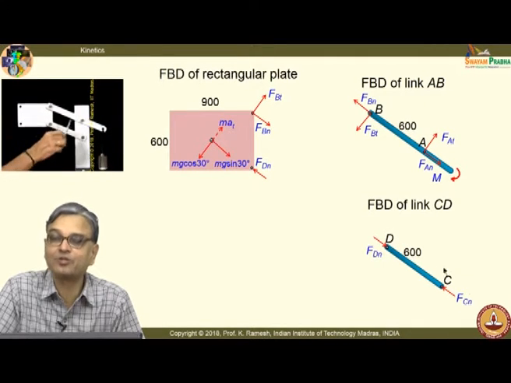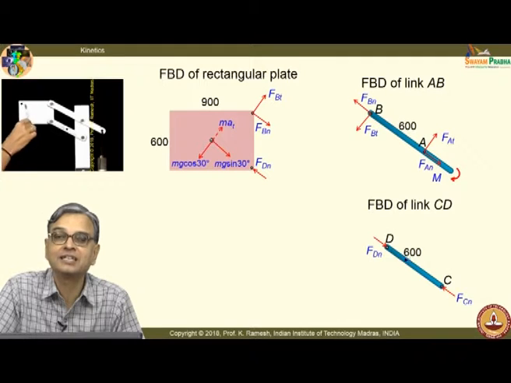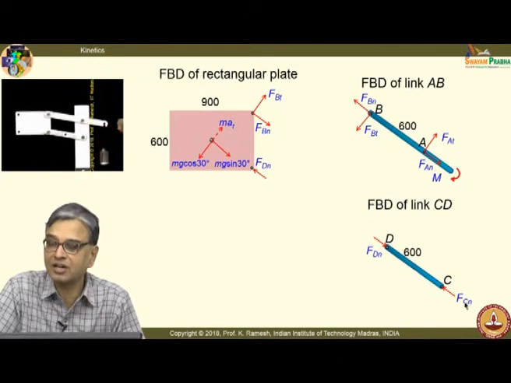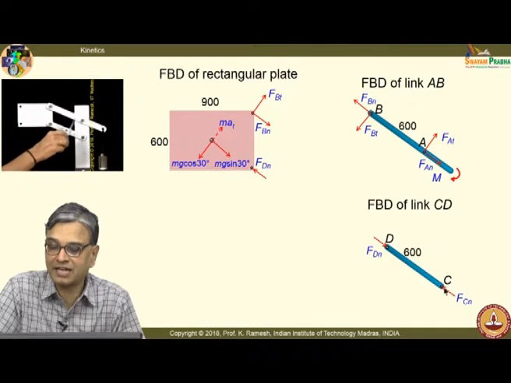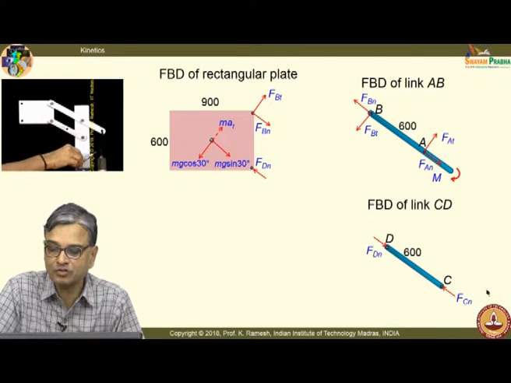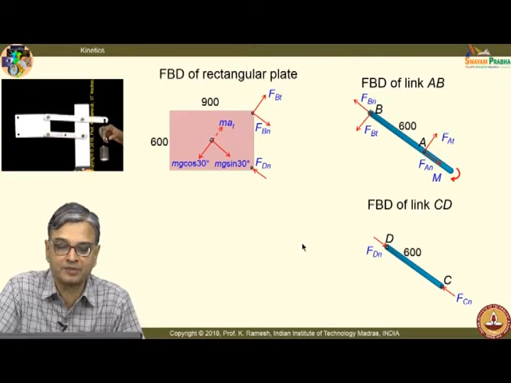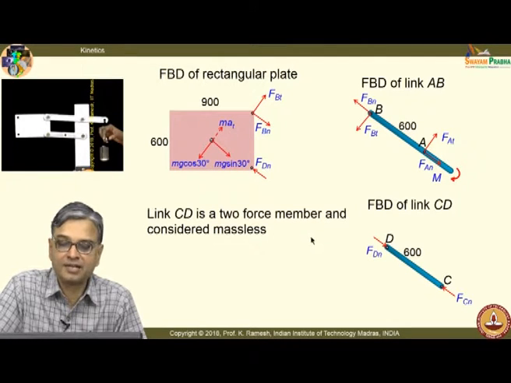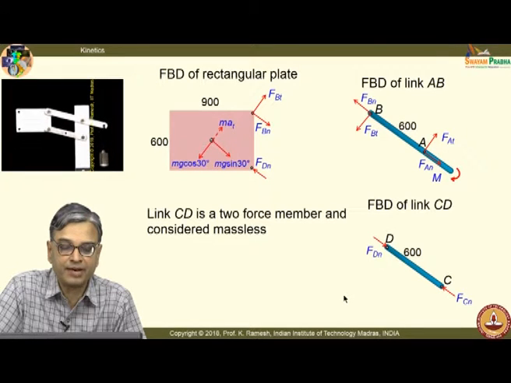So, this is the only way you can have a force for which this can remain in equilibrium, because this is attached at point C and attached at point D. Okay. So, I invoke this, then my problem becomes much simpler, and it is considered massless. These are all the assumptions that we have made to make our life simple.